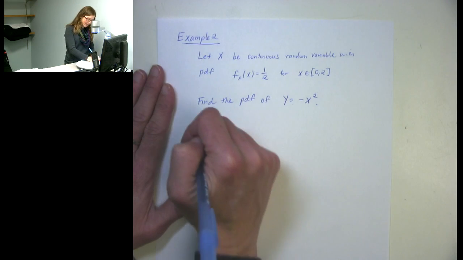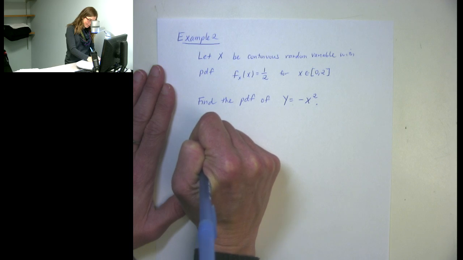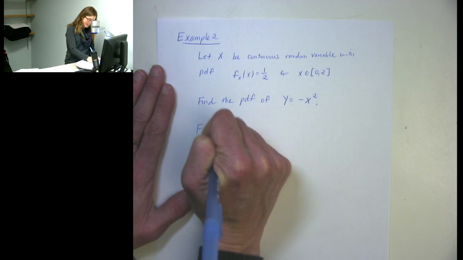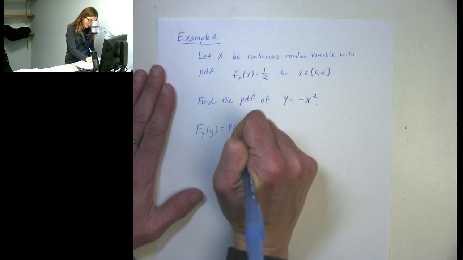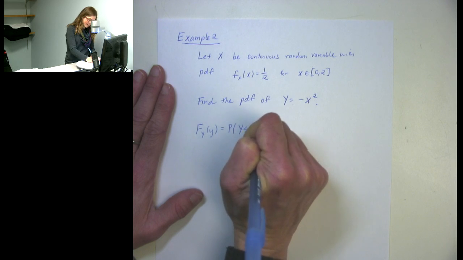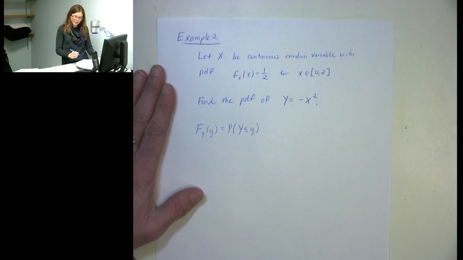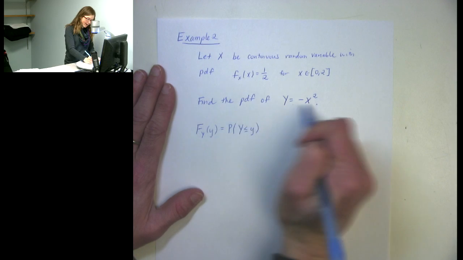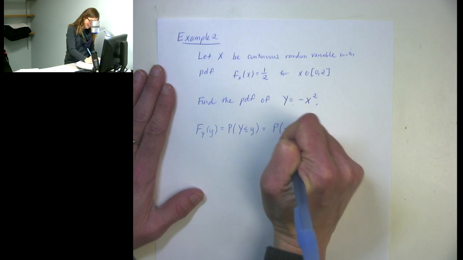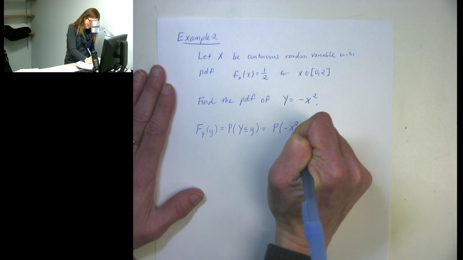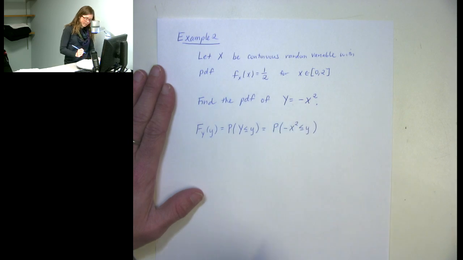So once again, I start by finding f sub y of y. This is my cumulative probability that y is less than or equal to the specific value of little y. I'm going to write y as a function of x. So the probability that minus x squared is less than or equal to y.